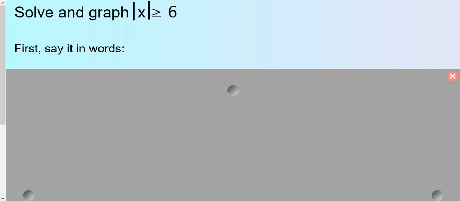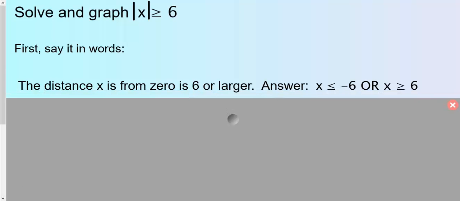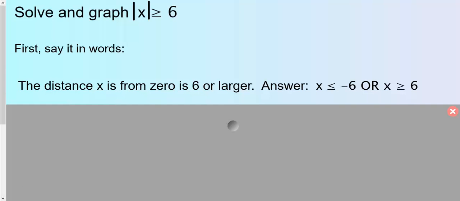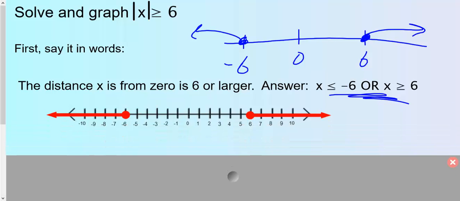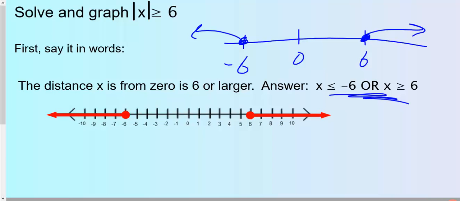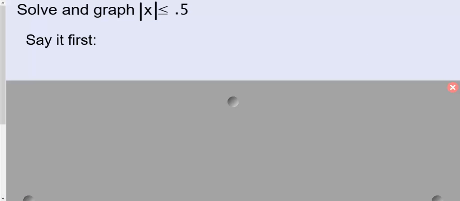Alright, so solve and graph this equation. First, let's say it in words. What this means is the distance that some number is from 0 has to be 6 or larger. So on a number line, what that looks like are these numbers right here, 6 or larger. And it's also these numbers right here. So you have to use the word or. Now this says smaller than half.